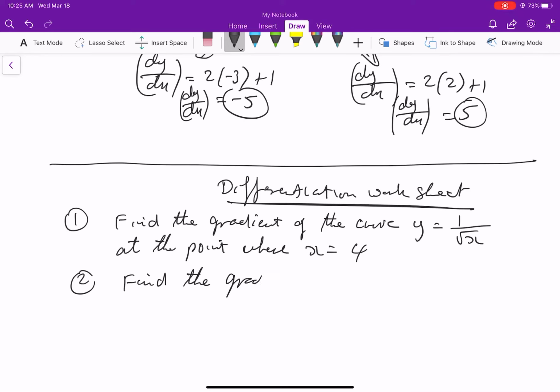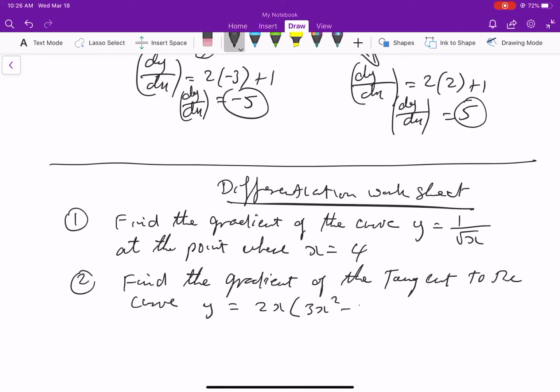Find the gradient of the tangent to the curve y is equal to 2x into 3x squared minus 4 at the point where x is equal to 2.